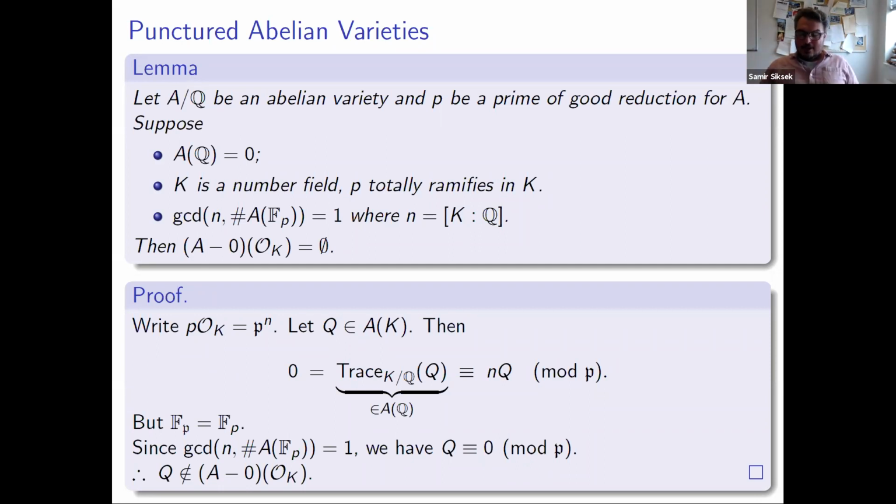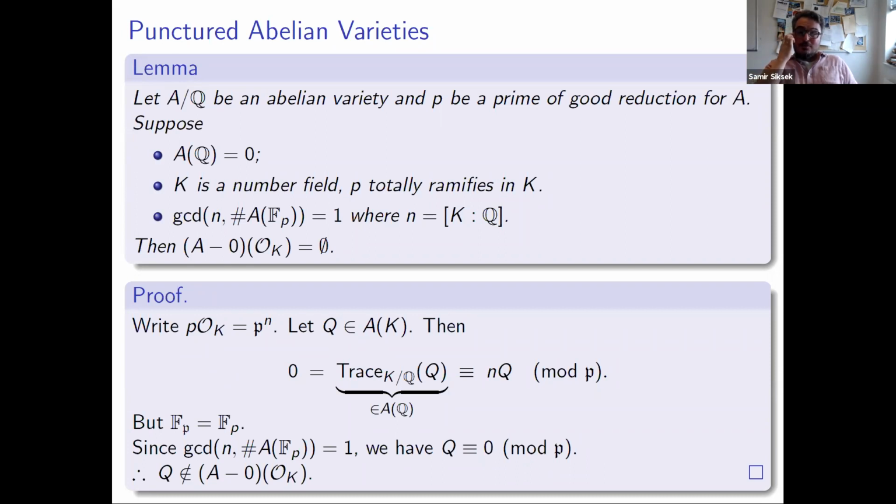There you have a unit group, and you're taking norms, and that's how Triantafyllu's proof works. So what's the analog of taking norms for a punctured curve or punctured abelian variety? The answer is it's taking traces in the Mordell-Weil group.